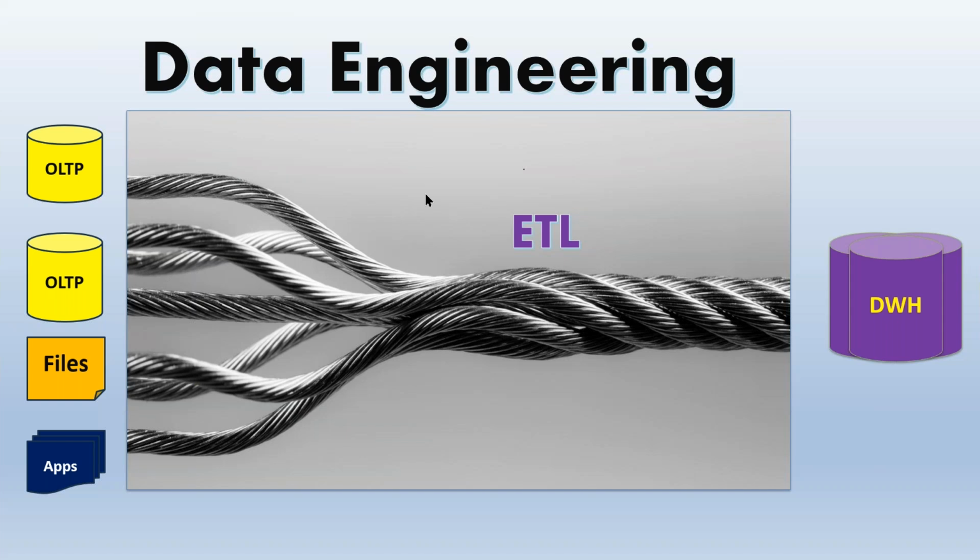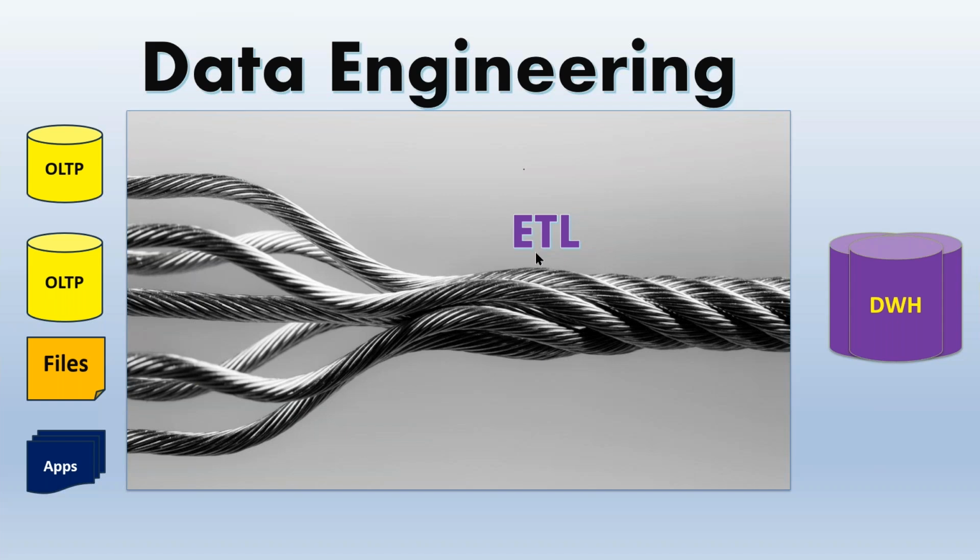I assume we are all very new to our subject, so let's observe carefully step by step. Simple process: source OLTP, destination data warehouse. Our source can be files or apps, and the destination can be a single warehouse.